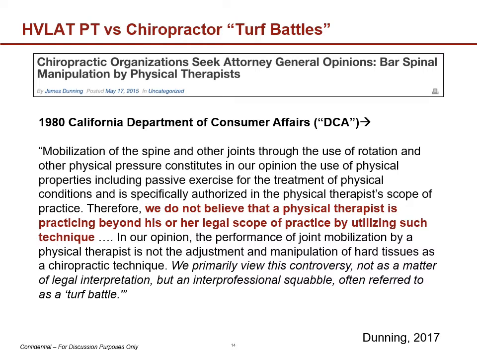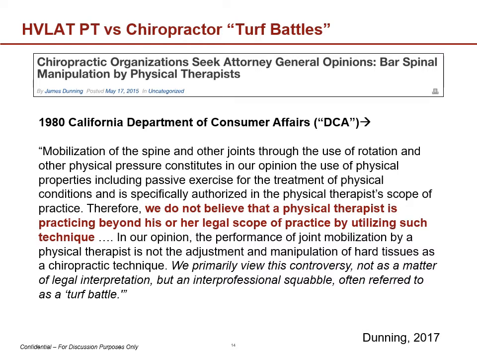Let's take a look at what Dunning published in 2017. He looked at the 1980 California Department of Consumer Affairs, or the DCA, statement of the ruling. Specifically, the DCA wrote in 1980 that they do not believe that a physical therapist is practicing beyond his or her legal scope of practice by utilizing such technique.